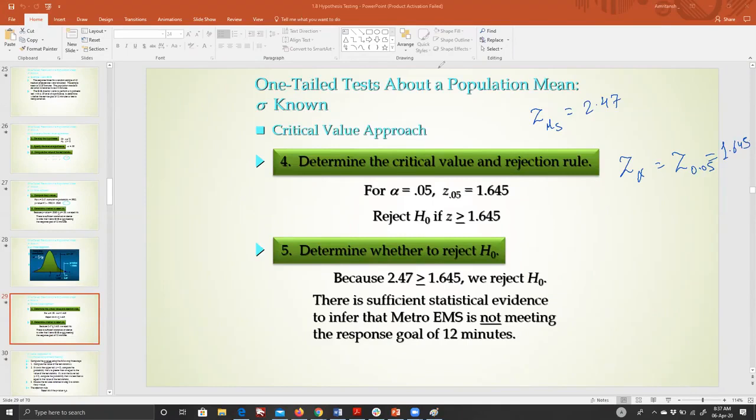Basically, just get me this score, z alpha, where alpha is 0.05 and it's a single tail problem. So what would be the value?